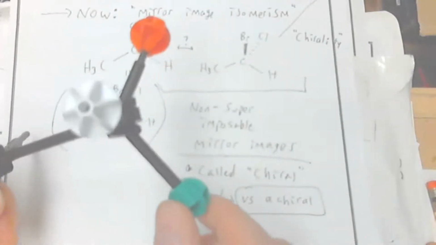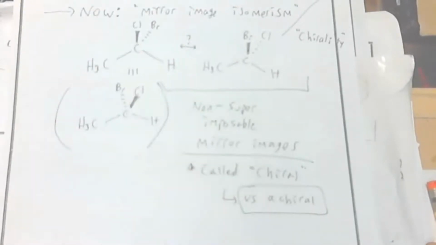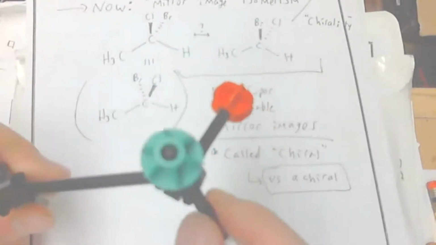I have little models of these pre-made. Let's see if this works. Let's see if I can do this right. That's the wrong one. So I'm trying to show here.